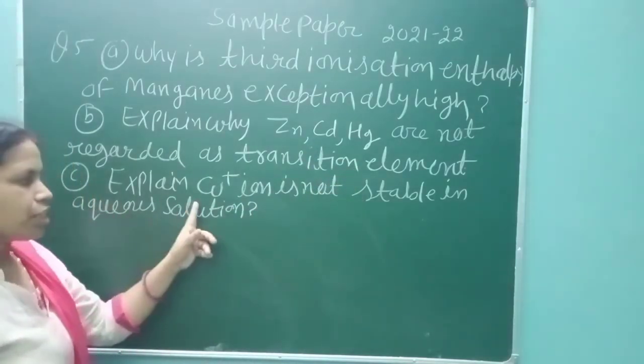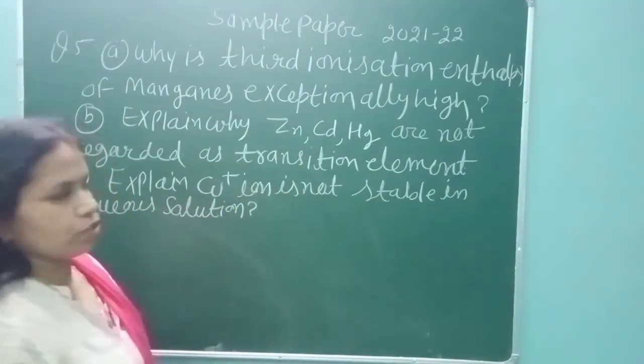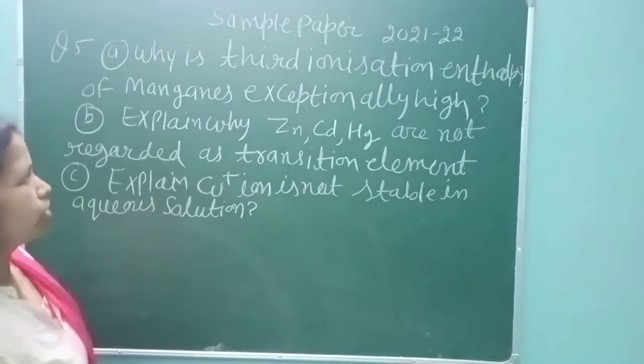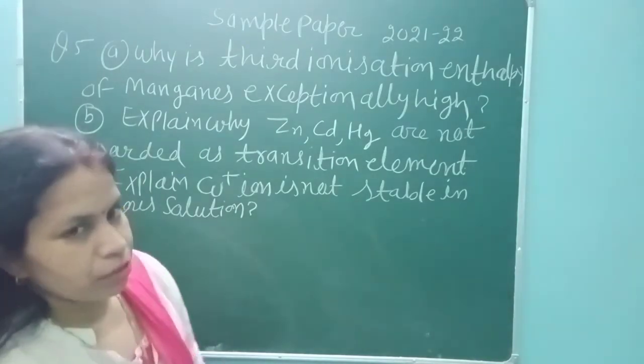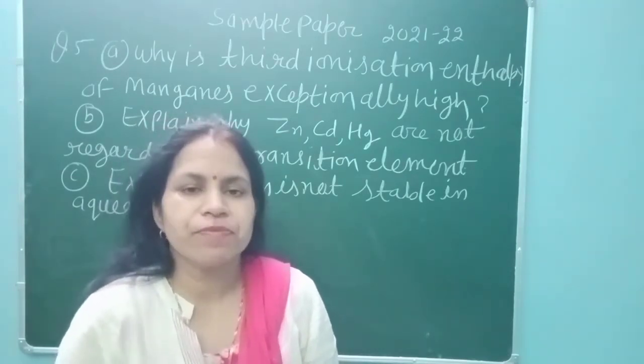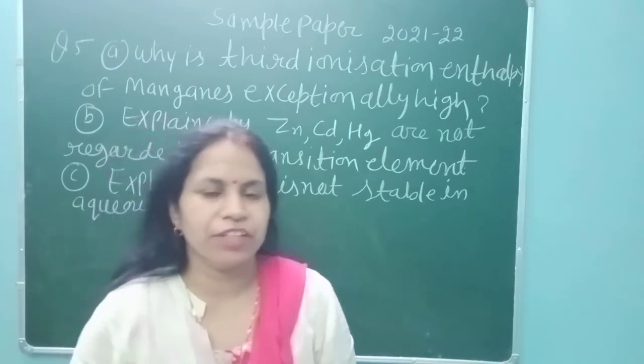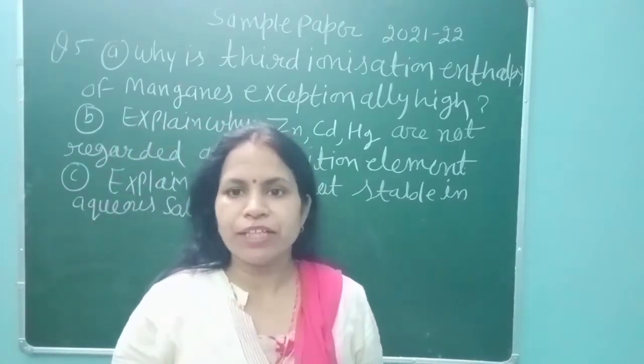C: Explain why Cu+ ion is not stable in aqueous solution. Clear? What is ionization enthalpy? The energy required to remove the last valence electron from an isolated gaseous atom is called the ionization enthalpy.